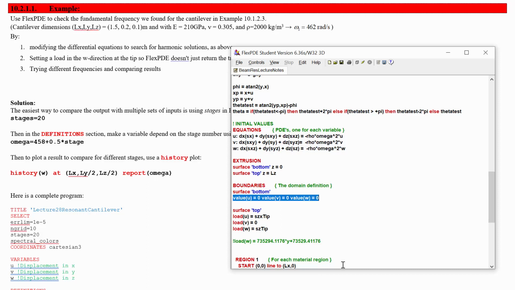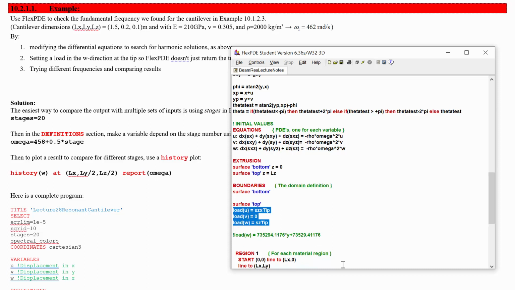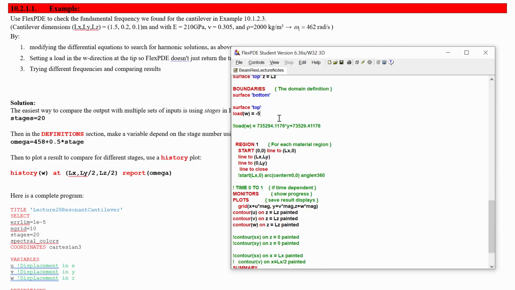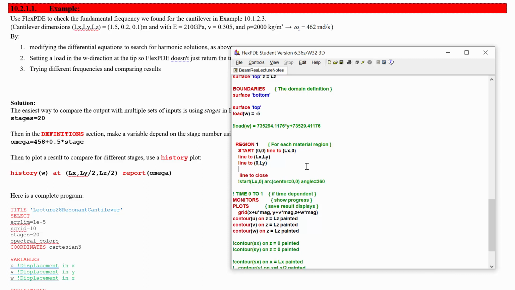So rather than this boundary and this boundary, we'll put some small load W of -5 or something. Not very much in terms of a stress, but it will lead to a non-trivial solution here. So now at x equals 0, this last line to close, we'll say value of u equals 0, value of v is 0, and value of w equals 0.